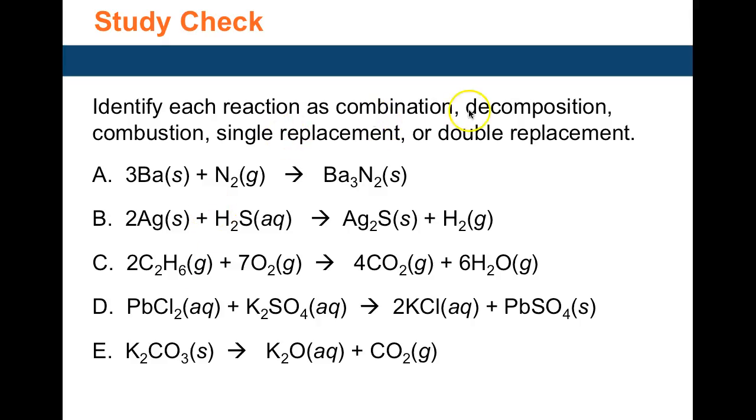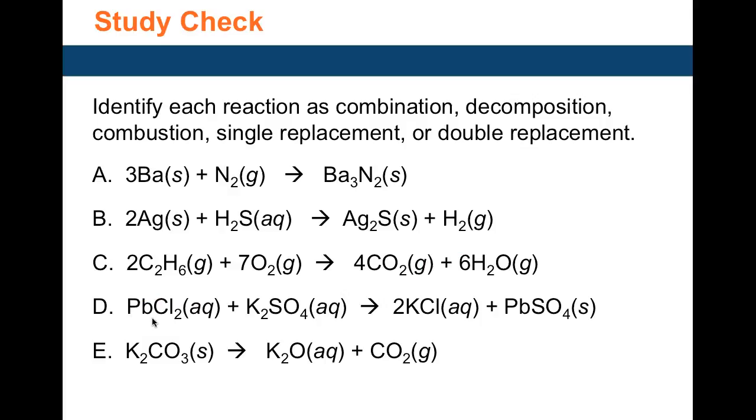Identify each as combination, decomp, combustion, single or double. All right. So two reactants, one product, that's combination. And then element, compound, compound, element, that's single. And then you have a hydrocarbon, you're getting carbon dioxide and water, that's a combustion.